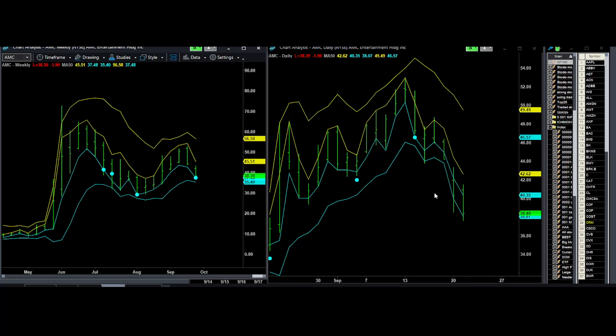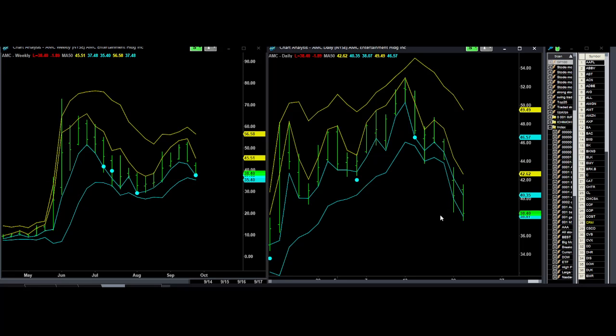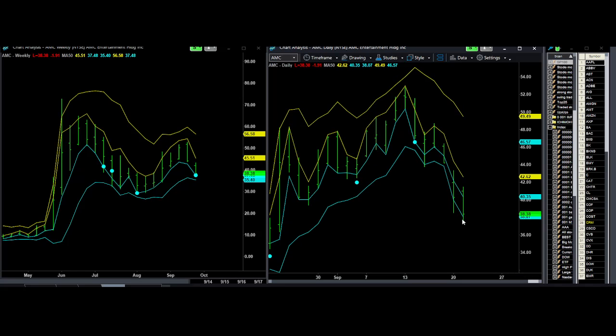But if you take a look at the daily chart, each vertical bar is a day. Right now it's the middle of today, and this is the opening price of today, and this is the current price because today is not over yet.